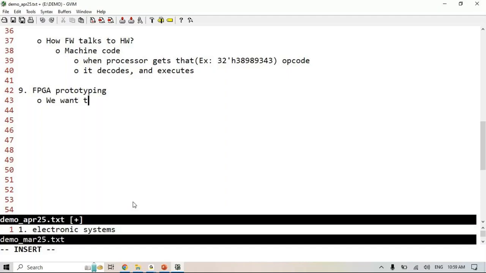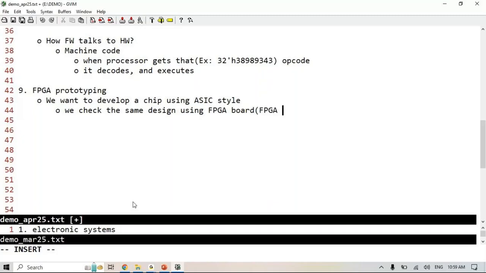We want to develop a chip using the ASIC step. That's the final goal. We are doing it through ASIC. But what we do is we check the same code, the same design, using an FPGA board, called FPGA prototyping.